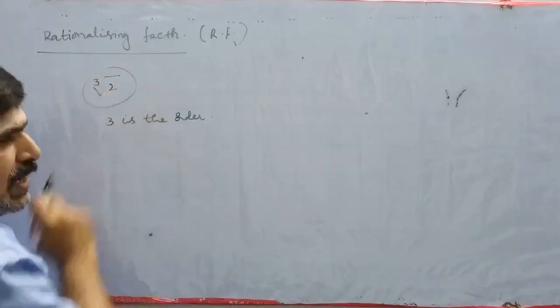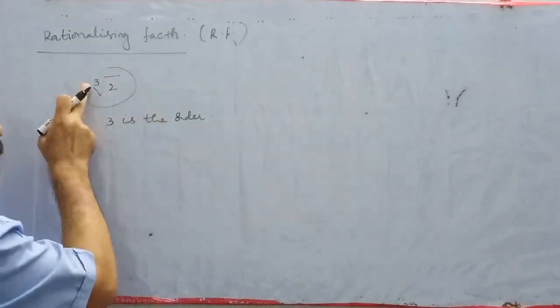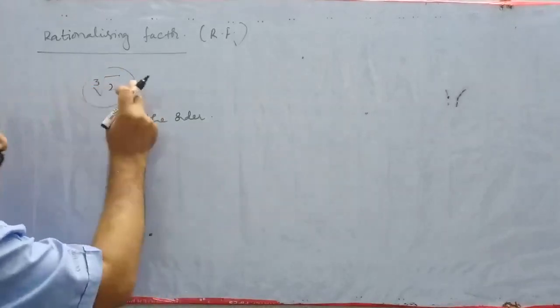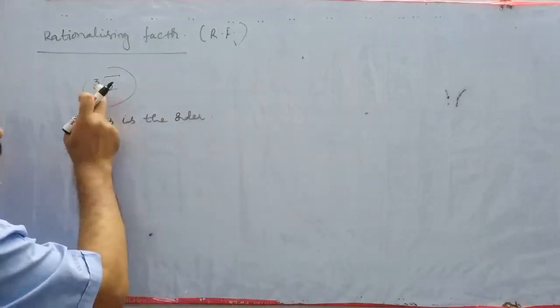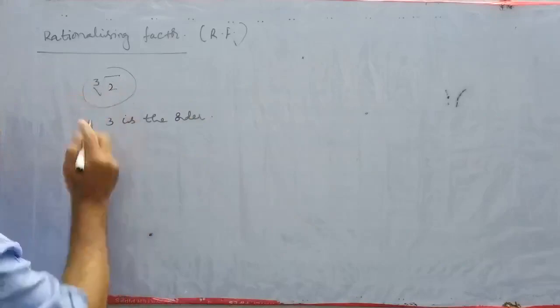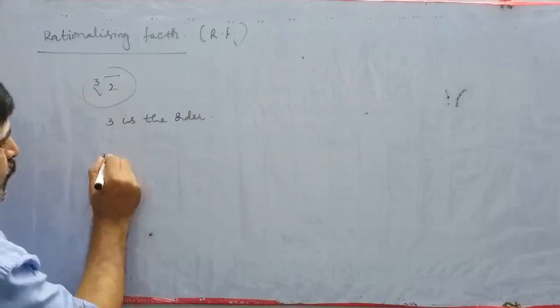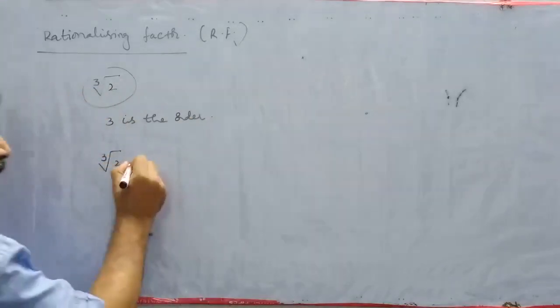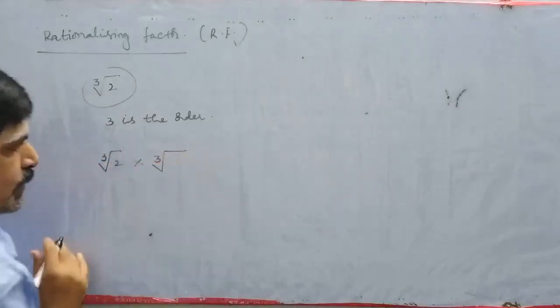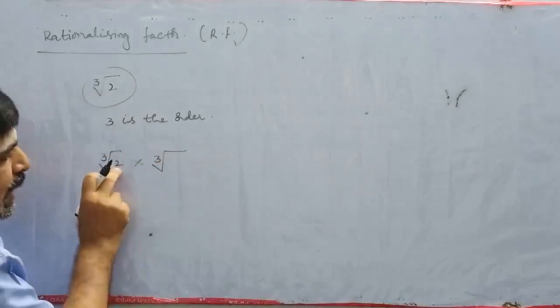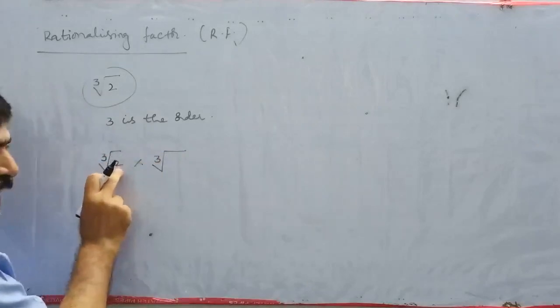We will get a rational number. Okay, here order is 3. With the same order we have to multiply the radicand. Okay, we have to multiply the radicand. That means cube root of 2 is the given surd into cube root of, with the same order, cube root. Then what is the power of this radicand?